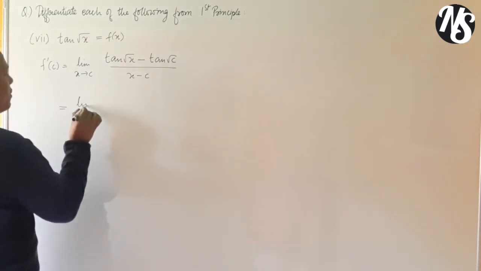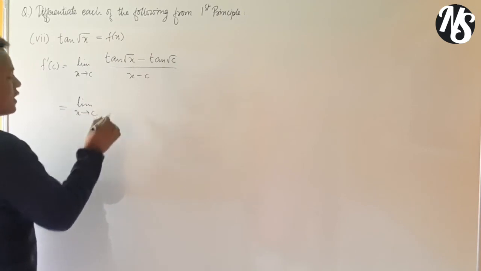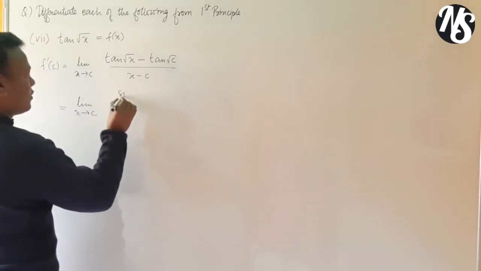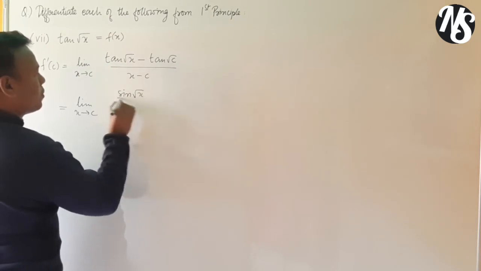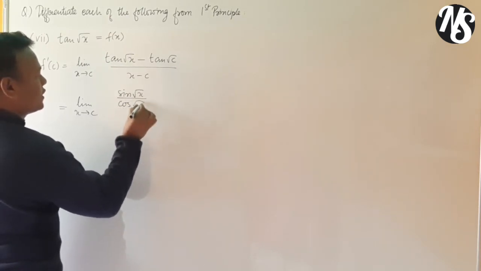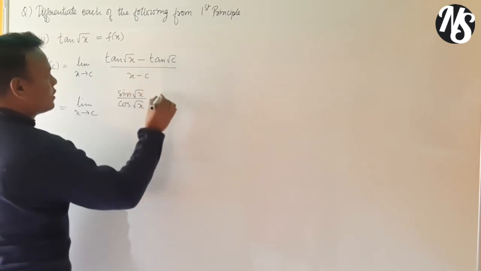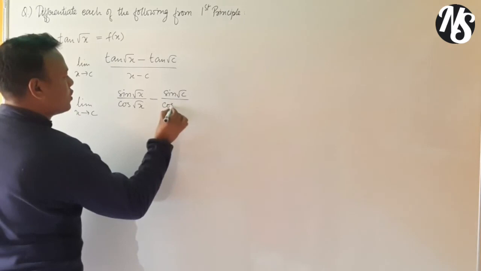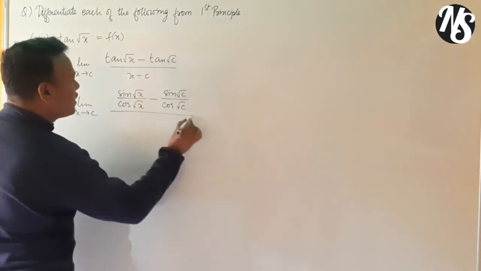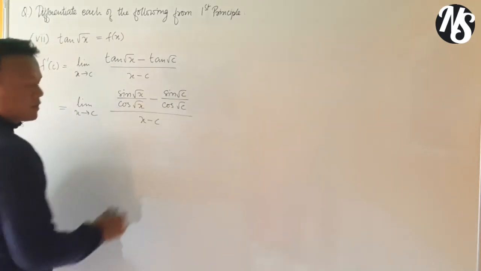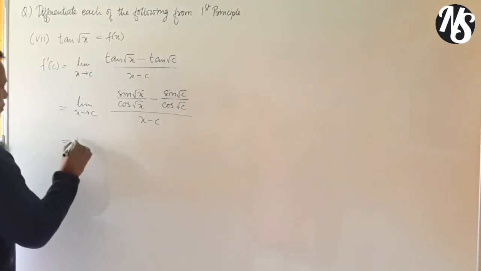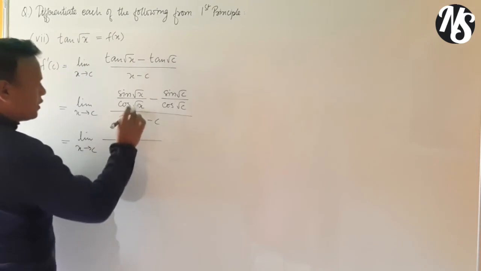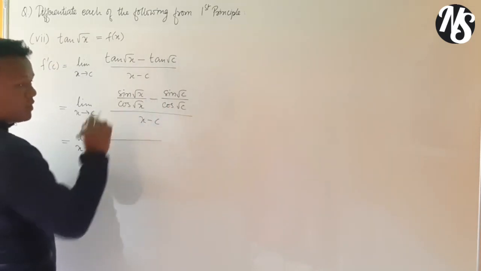So here what am I going to do is simple. I'm going to convert tan theta as sin theta by cos theta. That means this becomes sine root x by cos root x minus, similarly this also becomes sine root c by cos root c, divided by x minus c. Now let's simplify the numerator. Let's find the LCM of the denominator.